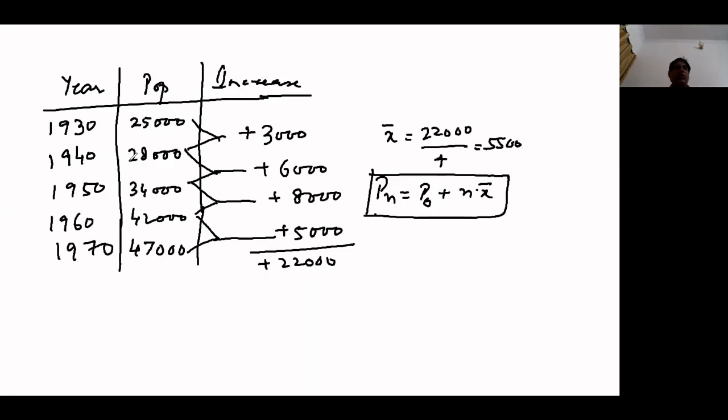Now, suppose in the year 1930, the population was 25,000, in 1940 it was 28,000, 1950, 34,000, 1960, 42,000, 1970, 47,000. Now, this is the arithmetic increase method, right?